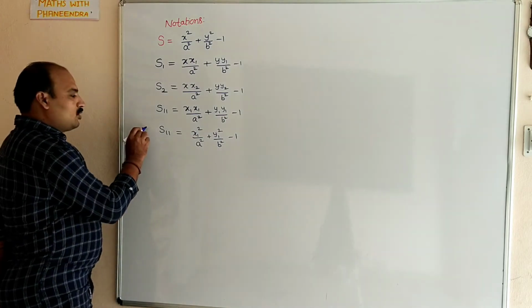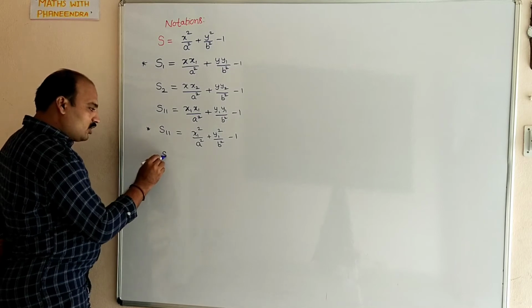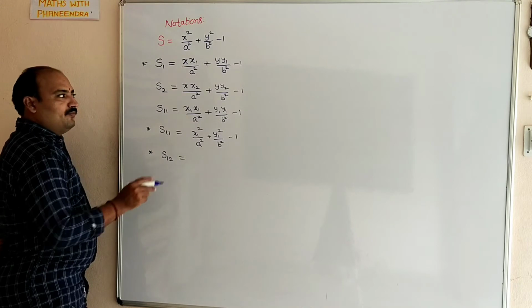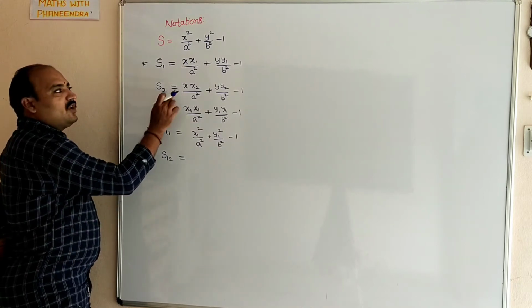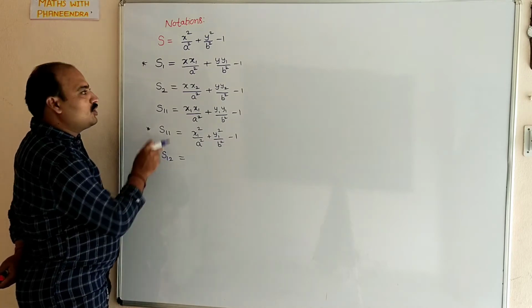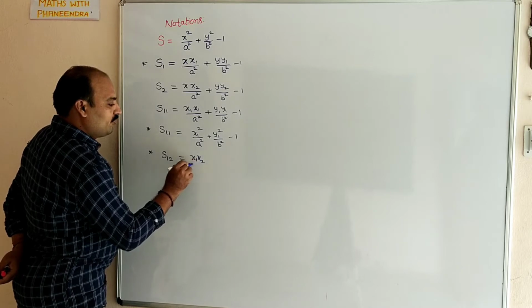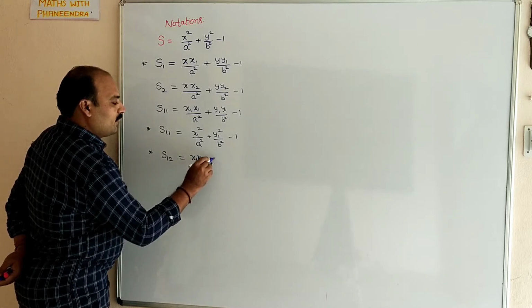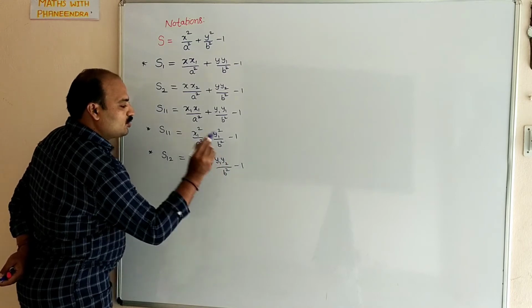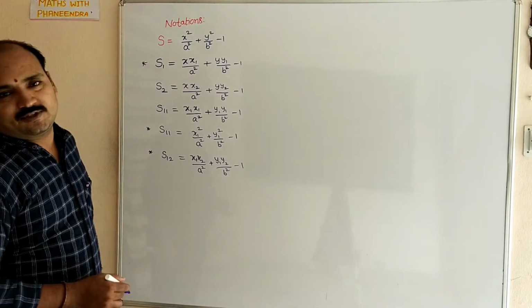This is about S11. This is about S1. And next S12 also we are going to discuss. S12 means in S2, wherever x comma y is there, you replace with x1 y1, you will get S12: x1 x2 by a square plus y1 y2 by b square minus 1. These are the notations in ellipse.